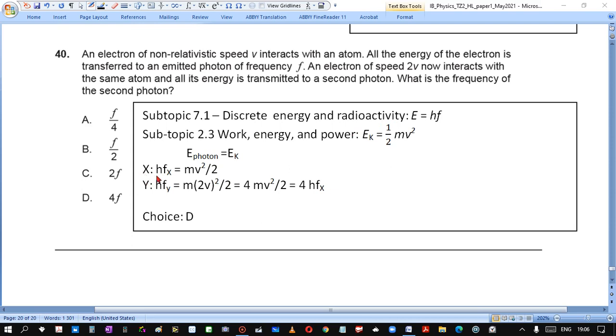So for particle X we have this relation, where kinetic energy is changed into the energy of a photon, and for particle Y we have this relation. Comparing these expressions, we understand that it is choice D, so frequency is 4 times increased. Here we finish. I wish you good luck. See you next time.